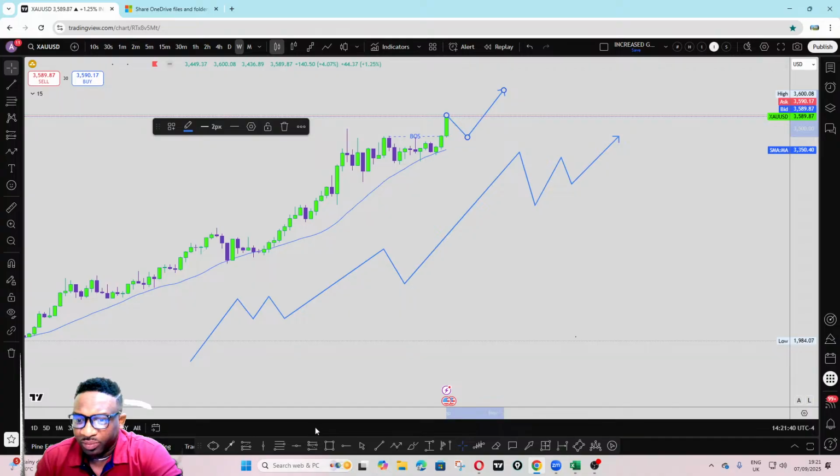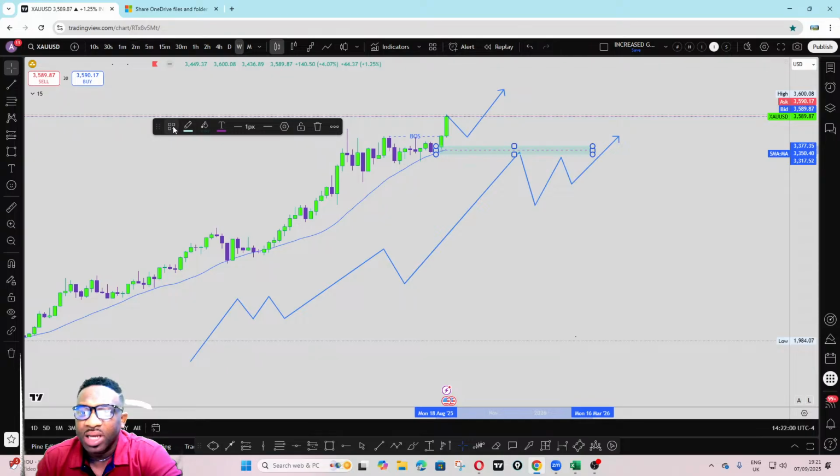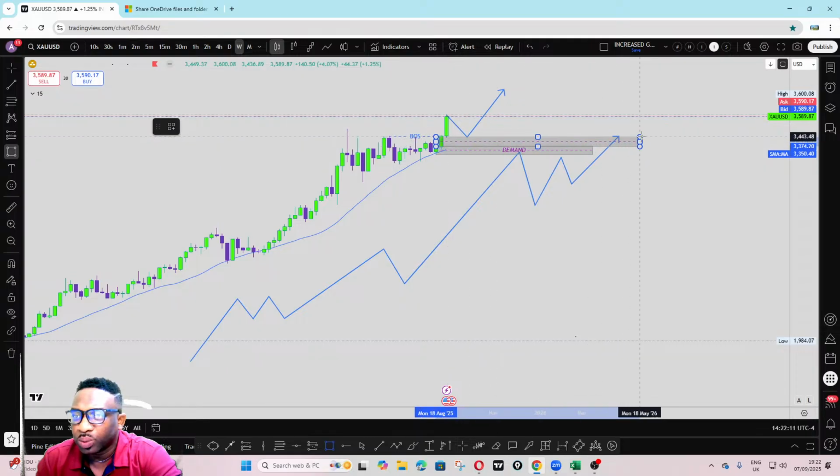But the usual steps that price normally takes is once it breaks an area, it comes back for a retest and then it continues. So from this break of structure, this is the origin on the weekly time frame. So this now becomes our demand area, and then we can also identify some area of imbalance attached to this demand zone.